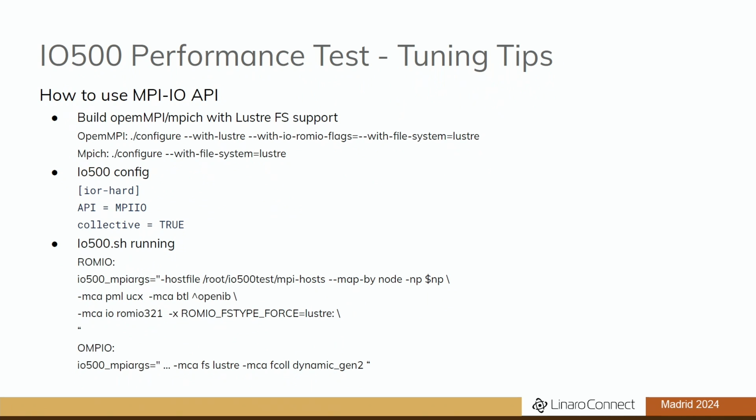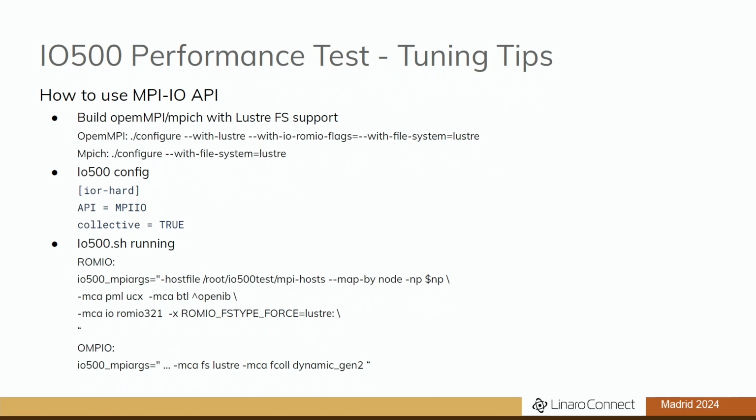Okay, let's come to the tuning part. To use the MPIIO API, you first need to build Open MPI or MPICH with Lustre file system support.